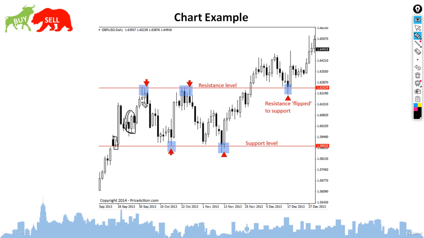And here we have a shooting star confirmed by a bearish engulfing pattern, and also here we have a lot of hammers, dojis, and bullish engulfing also. As we can see here, also a shooting star confirmed with a bearish engulfing pattern. Here also we have a bullish engulfing pattern. Here we have an unconfirmed bearish engulfing pattern.